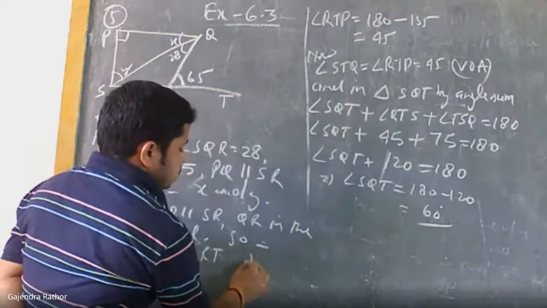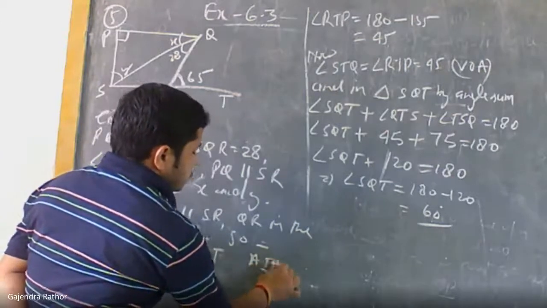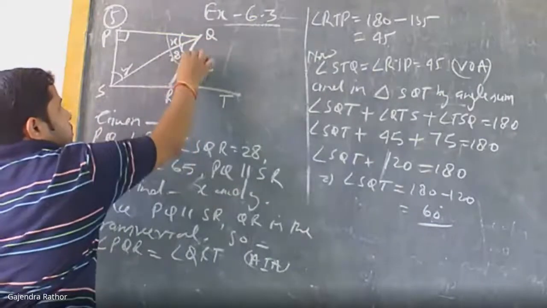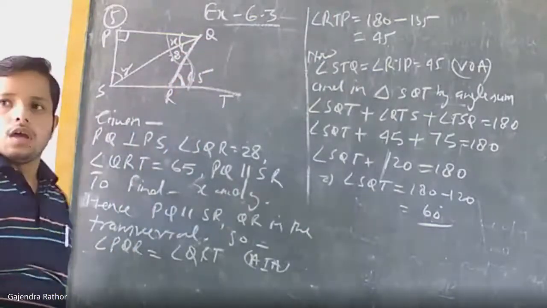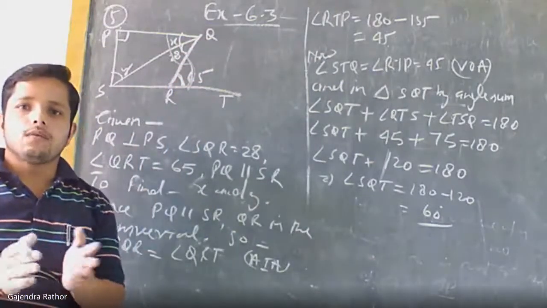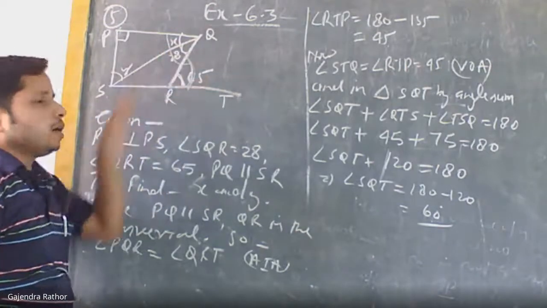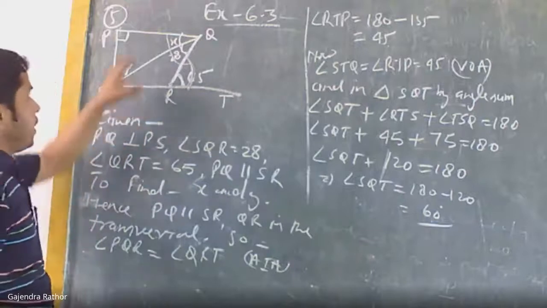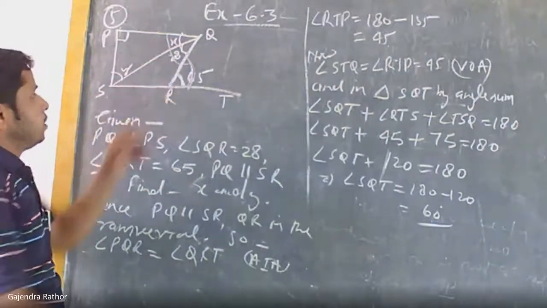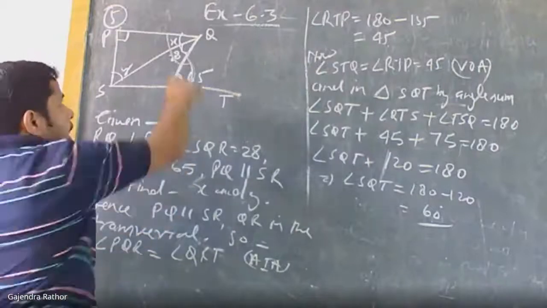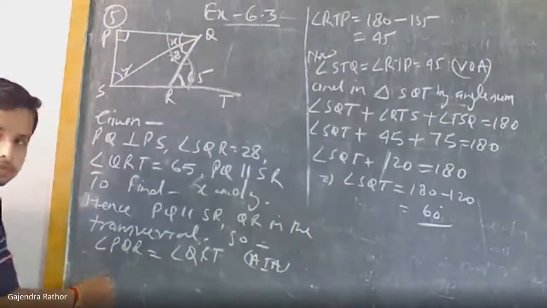Alternate interior angles. First, this is an angle and this is an angle. If we rotate our notebook, we can clearly see these are the alternate interior angles. Now, angle PQR is made up of two angles, x and 28.